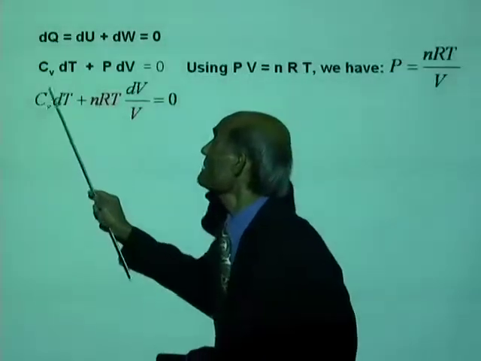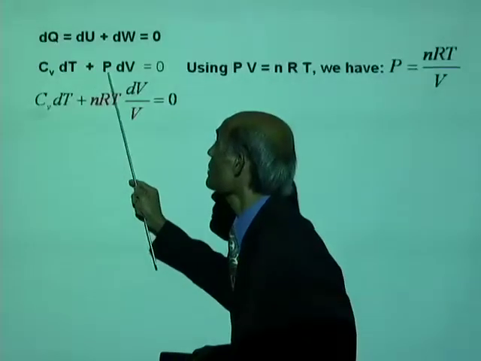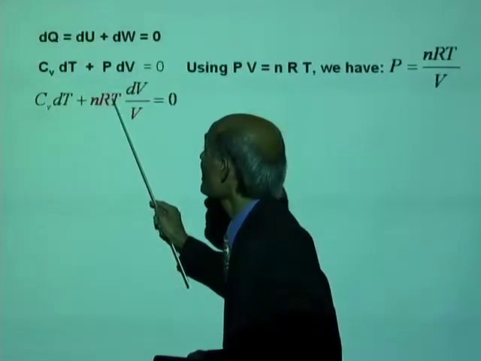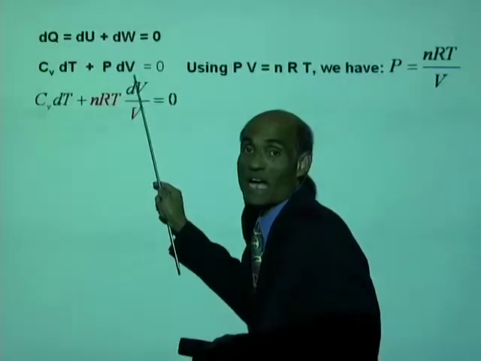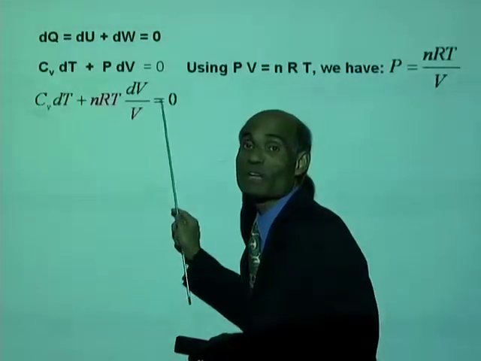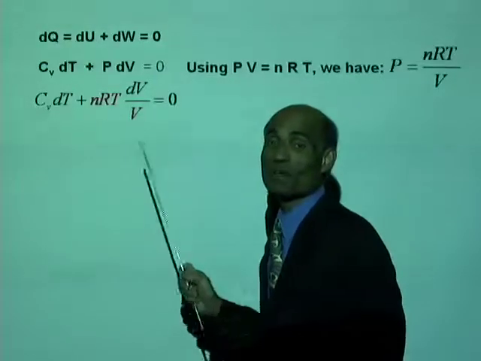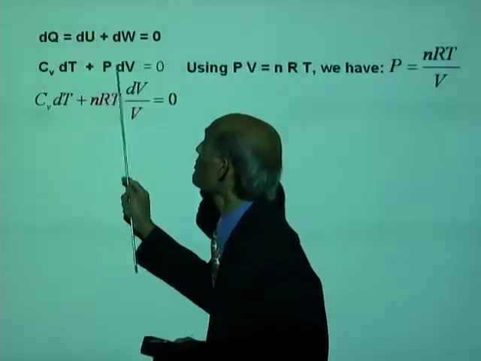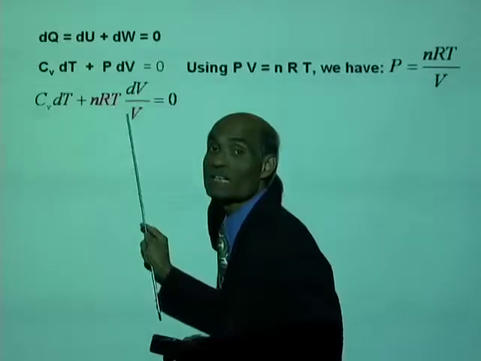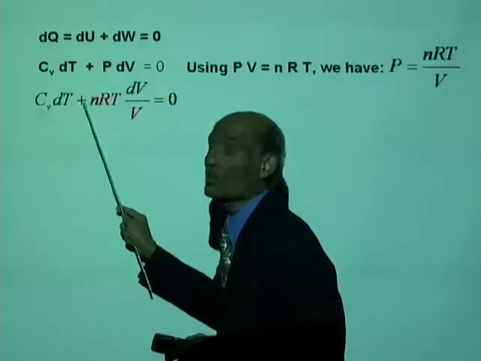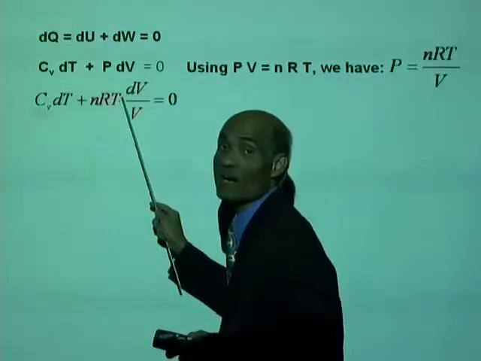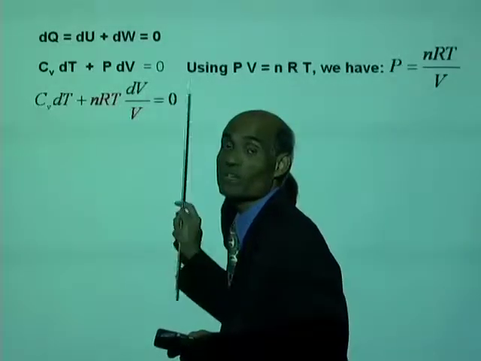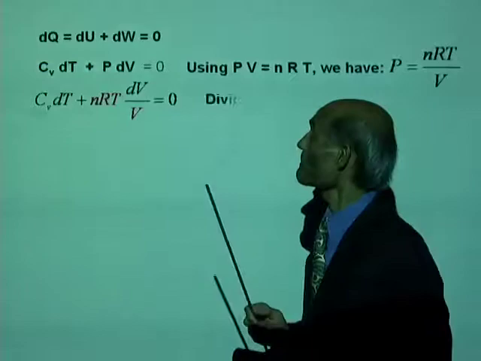We have Cv dt plus P, which is nRT divided by V, times dV, so dV over V, equal to 0. I hope you understood that. P is replaced by nRT divided by V. So you get Cv dt plus nRT times dV over V equal to 0.